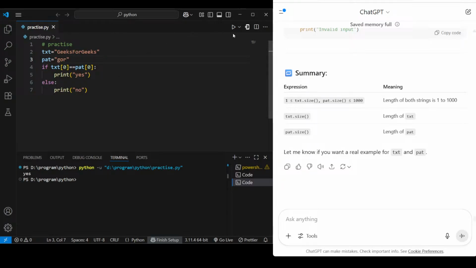Okay, if it was small, no. Got it. Now what should I need to do?